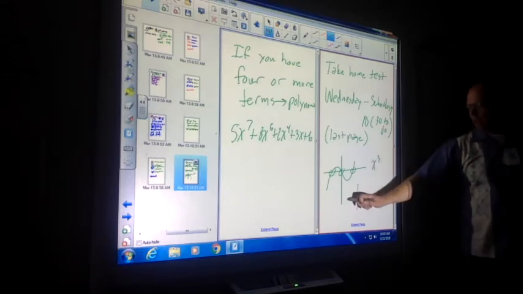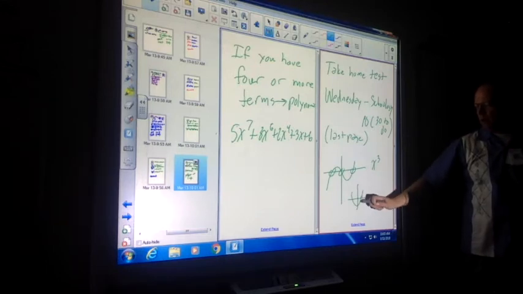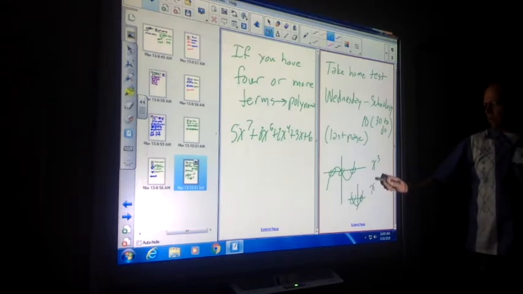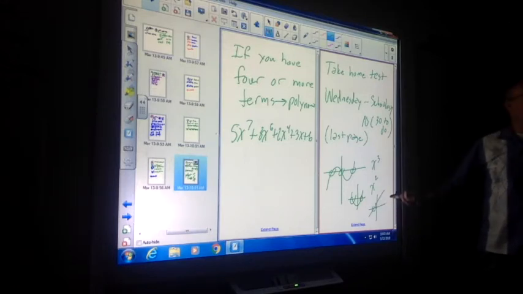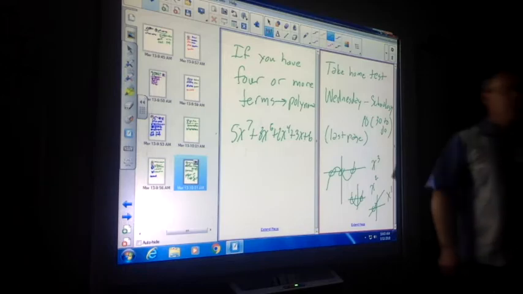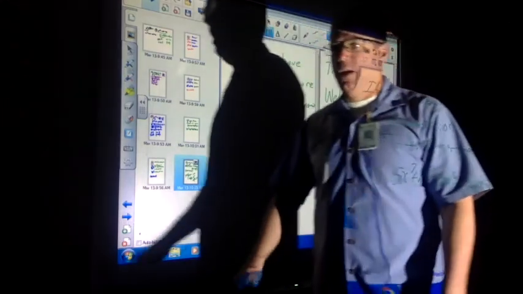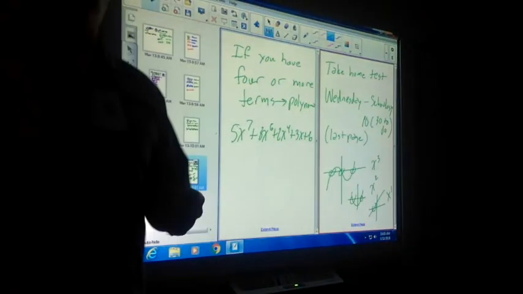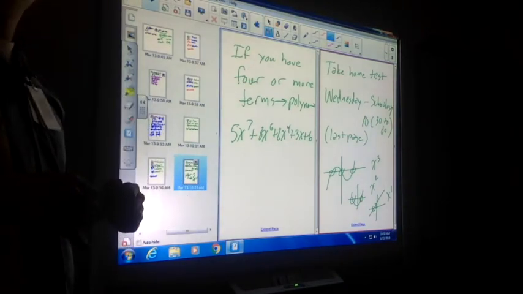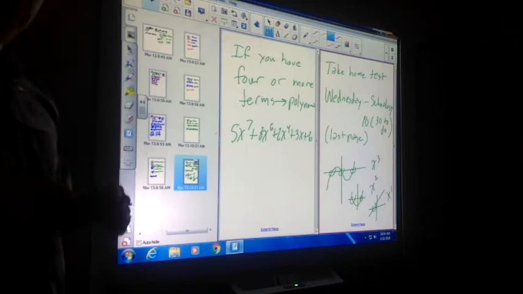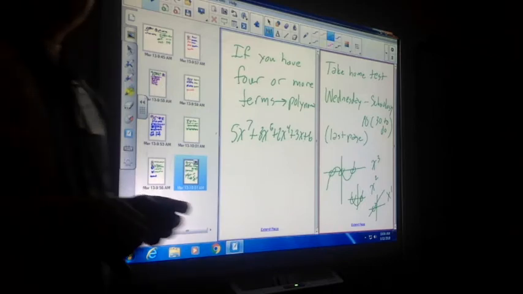If it crosses like this twice, it's raised to what power? 2nd. If it's just a line and it crosses once, it's raised to the 1st, so x or x to the 1st. Got it? That's what the Schoology part's going to be. But you see it on the take-home test regardless. For each, it would be 3 solutions, 2 solutions, and 1 solution. We good?